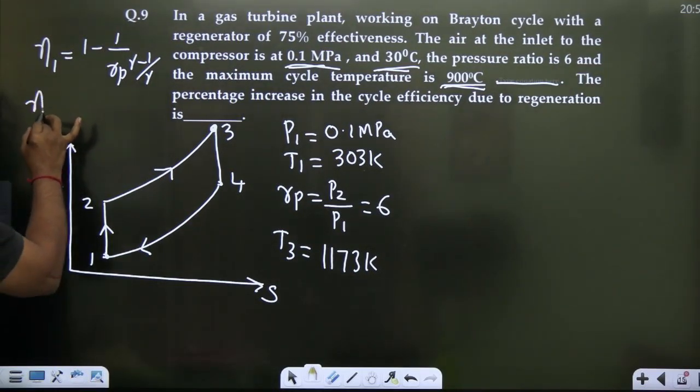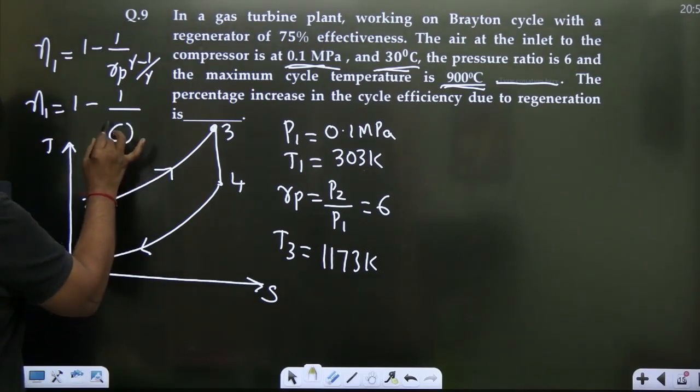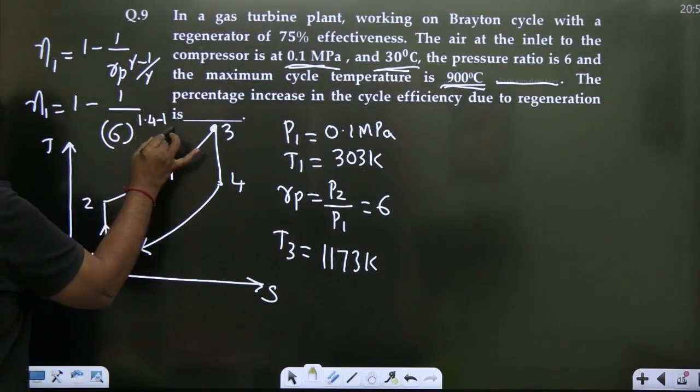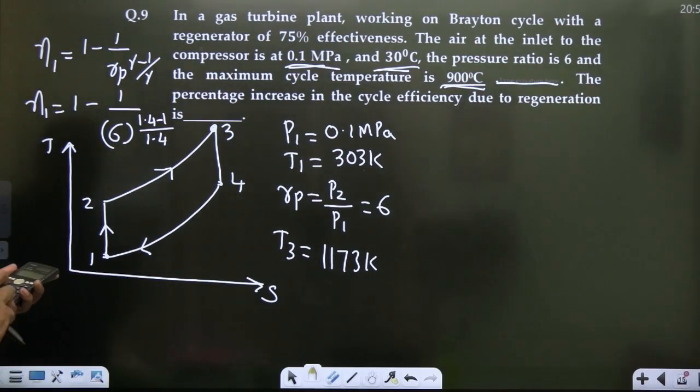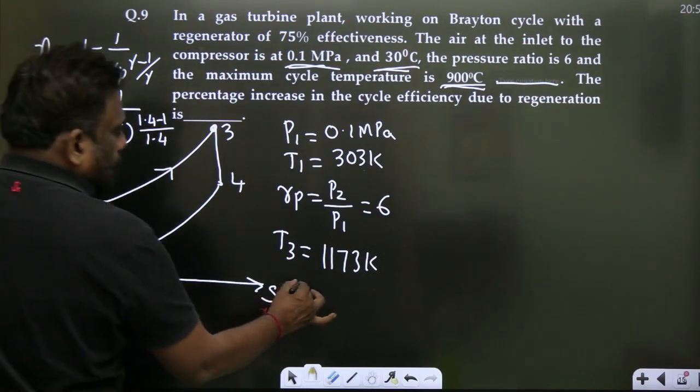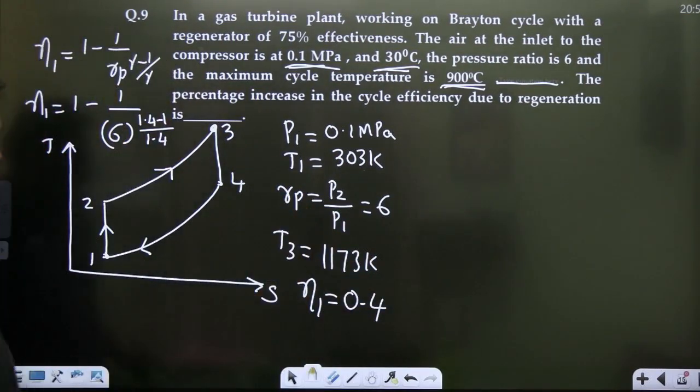So 1 minus 1 by 6 power 0.4 divided by 1.4, gamma is 1.4. I am getting this as 0.4, so without regenerator the efficiency is 40%.